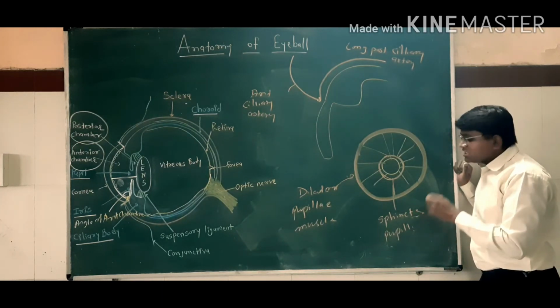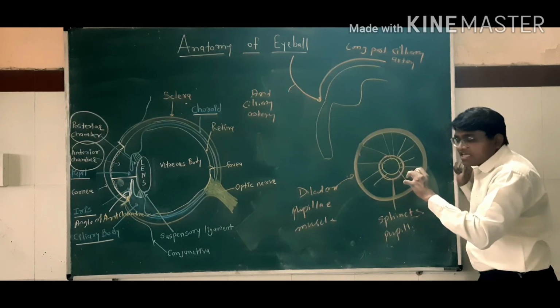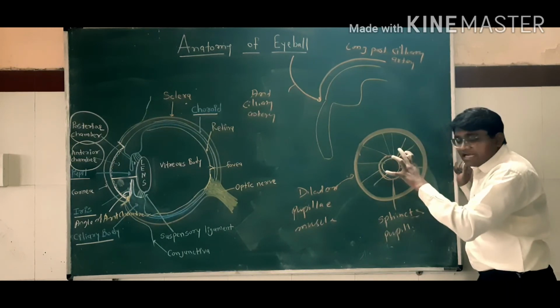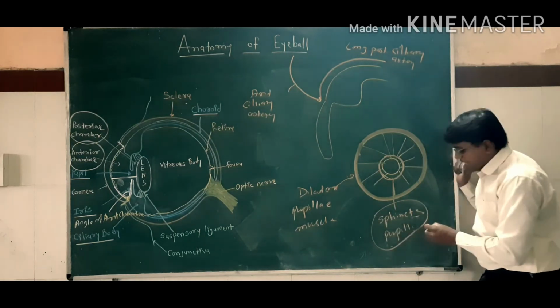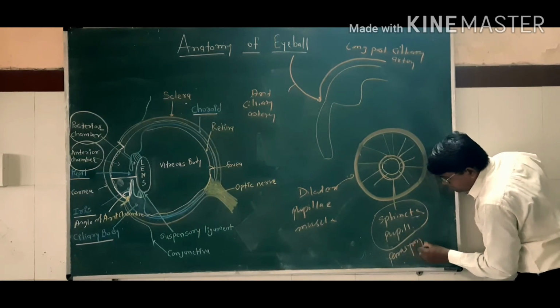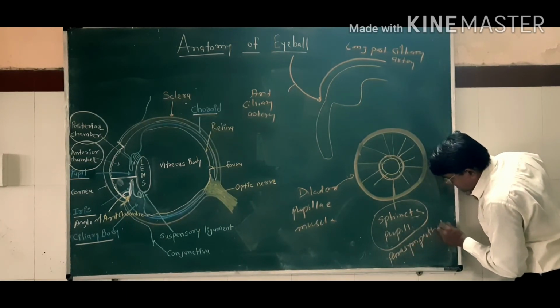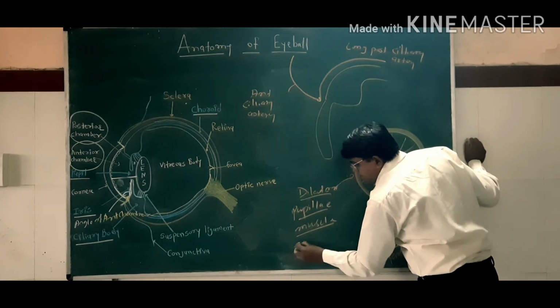The sphincter pupillae is responsible for the closure of the pupil, whereas the dilator pupillae is responsible for the dilatation of the pupil. The sphincter pupillae muscle has a parasympathetic supply, and the dilator pupillae muscle has a sympathetic supply.